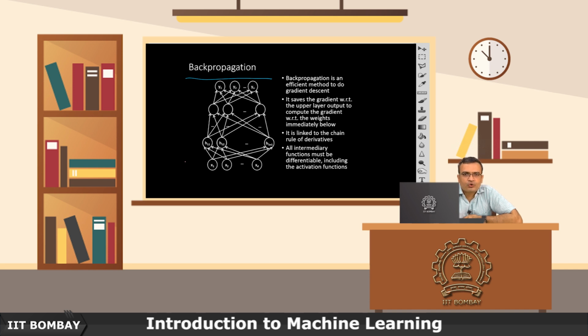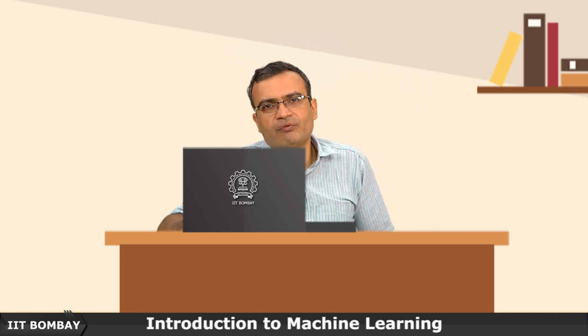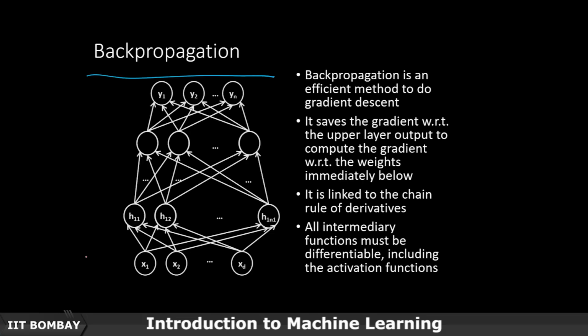While doing so, with a few extra calculations, we can store the information that is needed for computing the gradient for such a large layered and complex function, which is the neural network. So it's nothing but gradient descent, but we save partial derivatives as we go forward, and then we link them back together using the chain rule of differentiation when we come back.